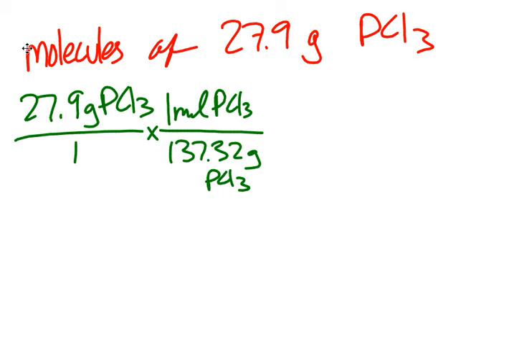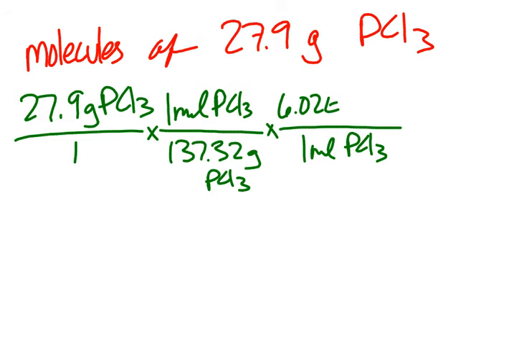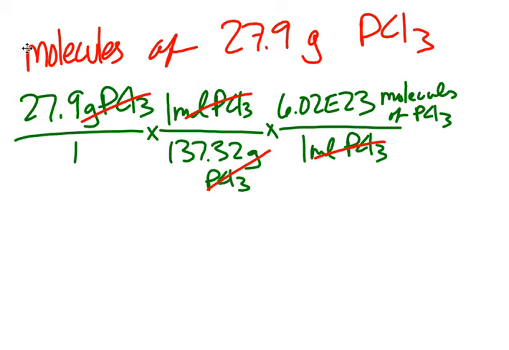And then I also know that for every 1 mole of phosphorus trichloride, I have 6.02 times 10 to the 23rd molecules of the phosphorus trichloride. So if I'm looking at this, moles cancel out, grams cancel out, I'm left with molecules of phosphorus trichloride, which is what I want.